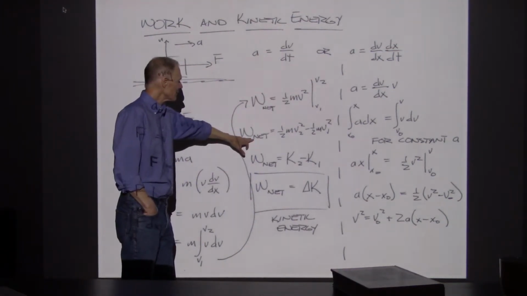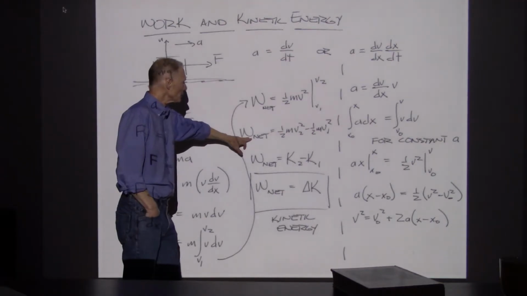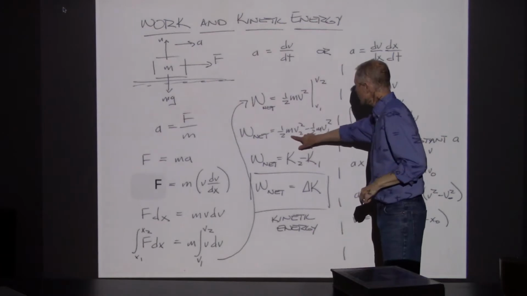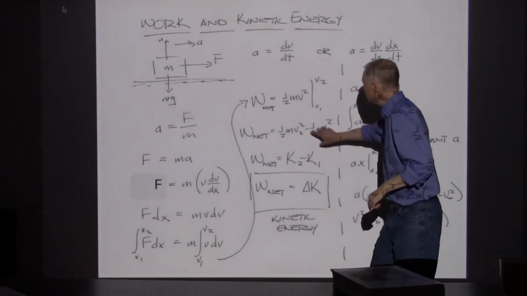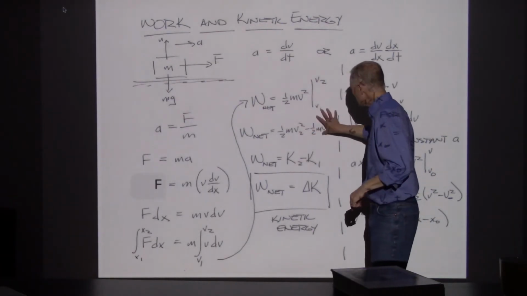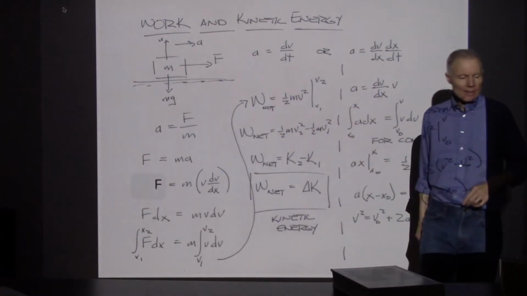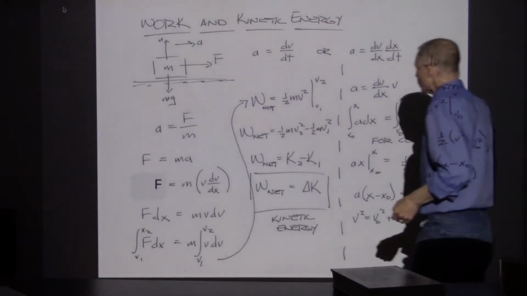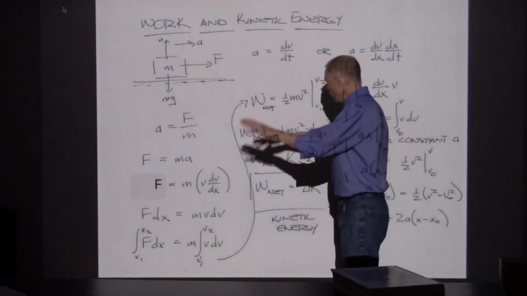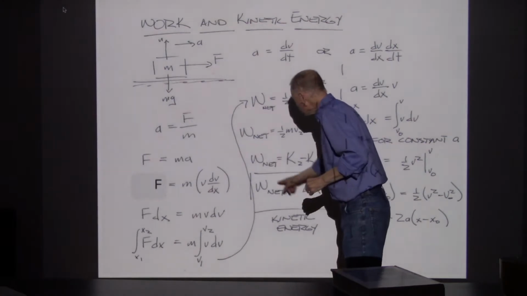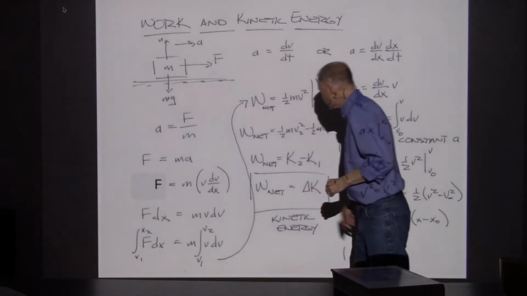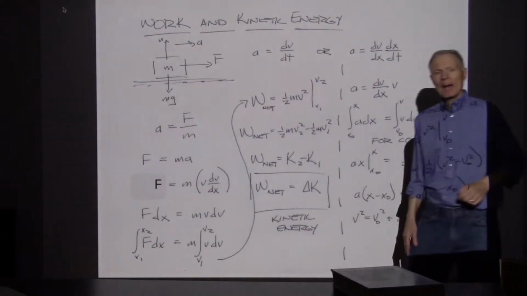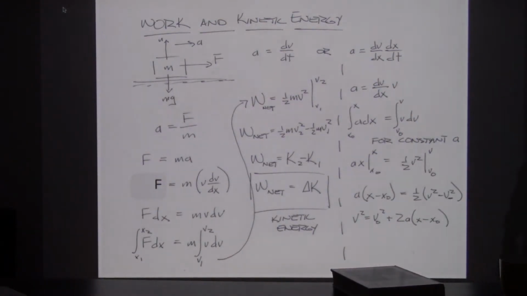That says that the energy transfer that we provide ends up changing the velocity according to this formula. I'm going to write this as k2, I'm going to write this as k1, and it says that work is an energy transfer. So however much work, if we take all of the forces and combine all of the energy transfers that they're providing for the object, that will show up as an increase or a decrease in kinetic energy.